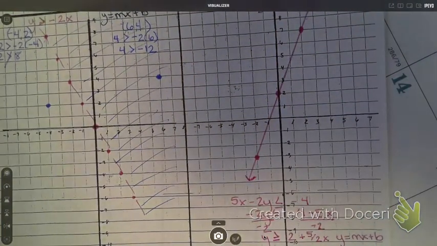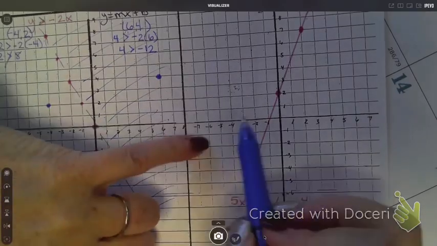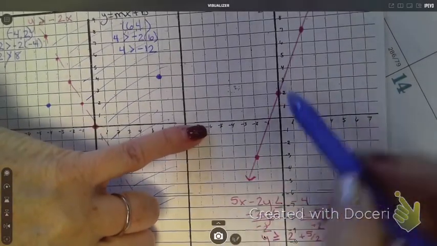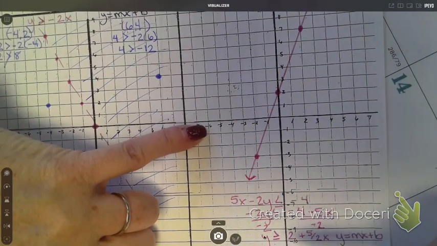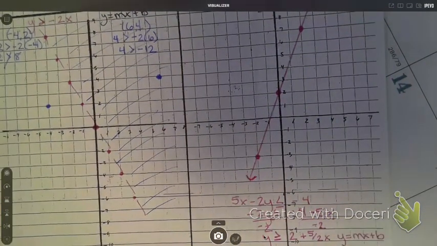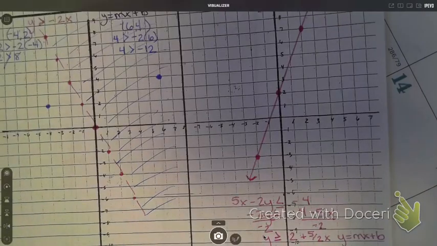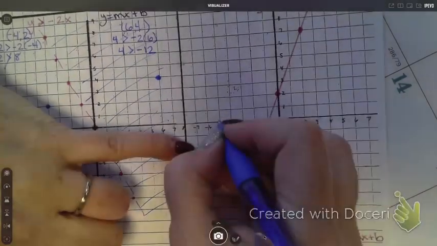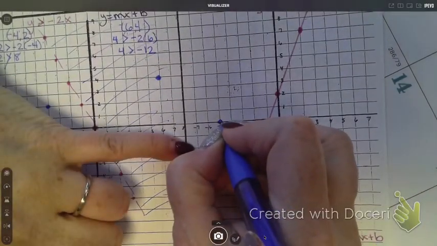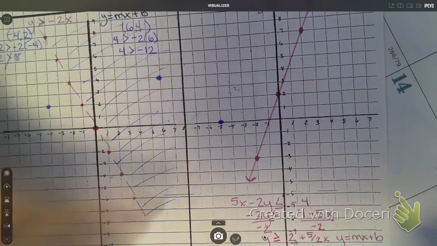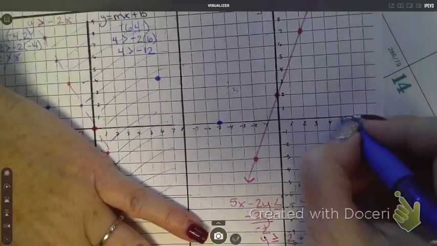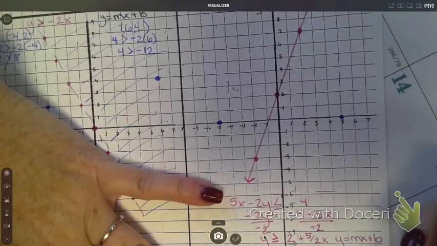Now I'm going to tell you guys right now, I always pick points on my x-axis or y-axis just because one of my numbers is then 0. I never pick 0, 0 because sometimes funky things happen with that. So I'm going to pick negative 5, 0 on the left, and 5, 0 on the right.